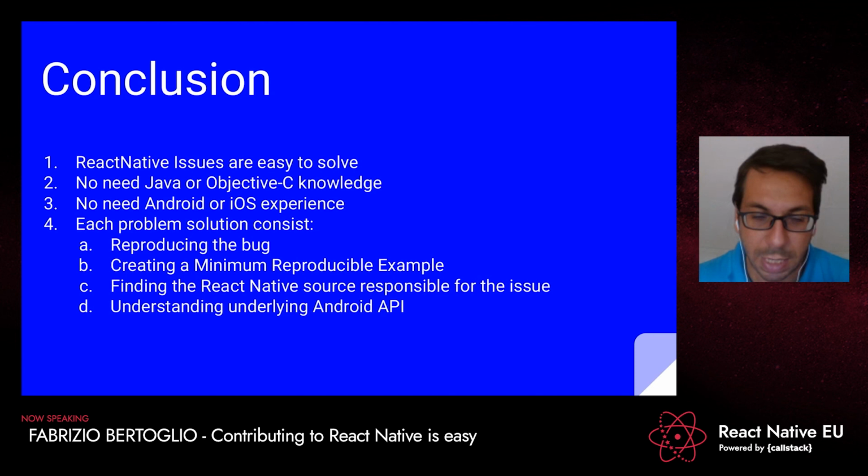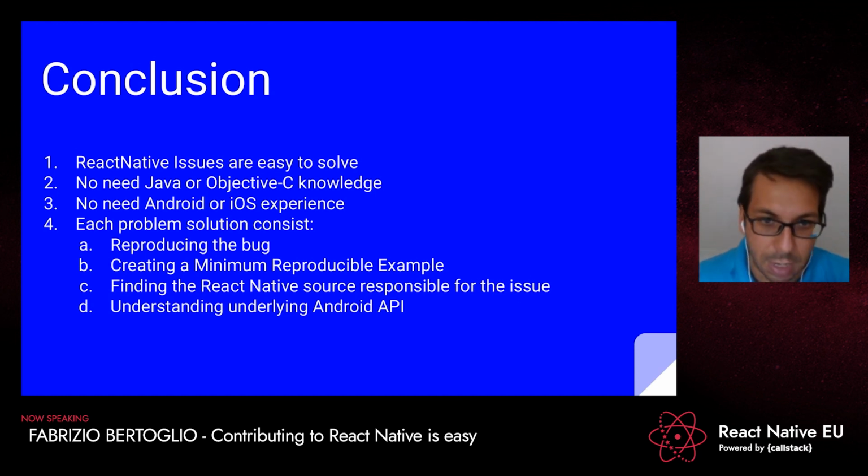There's no need for Android or iOS experience to solve those problems. We just need to follow the guidelines included in the React Native wiki, which I referenced from this slide of this presentation. Set up your development environment, use all the tools that will help you provide the information to solve those problems, and then the steps will be four.